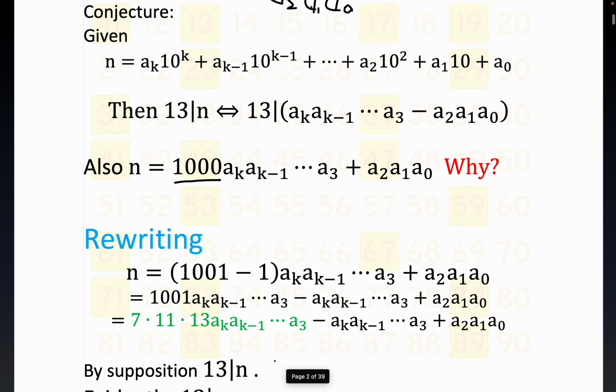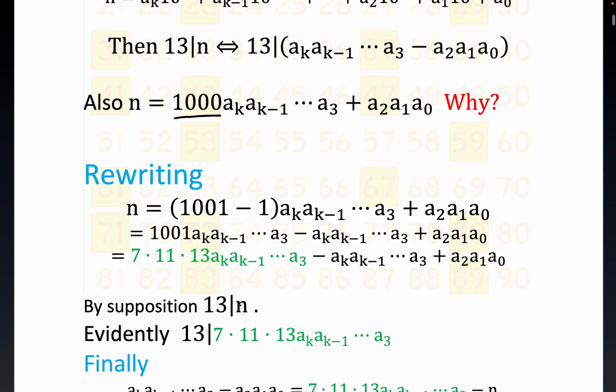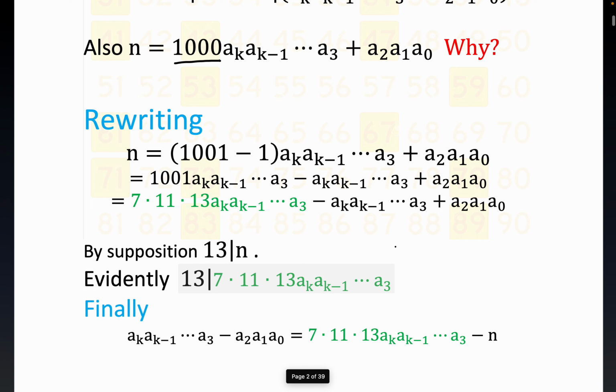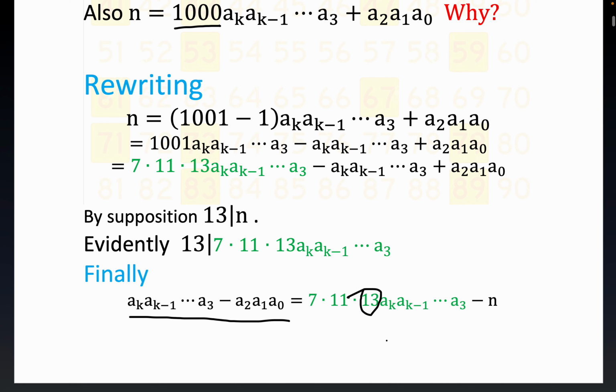We're supposing that 13 divides n, and we can clearly see that 13 divides this part right here. And so when you rearrange this equation to get it in the form we're looking for, you can rewrite it like this and see that this object that we're interested in is indeed divisible by 13, but it's also divisible by all the others. All right, isn't that cool? All right, so in effect, we're done right now.